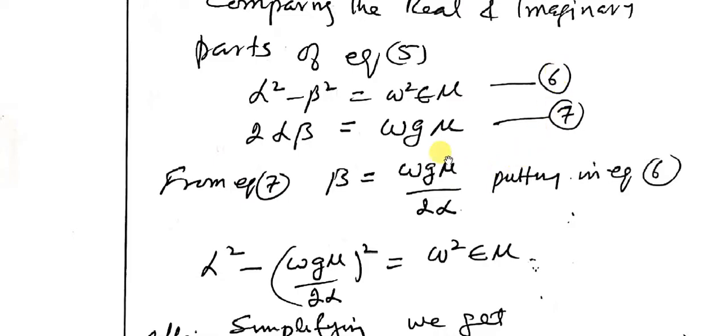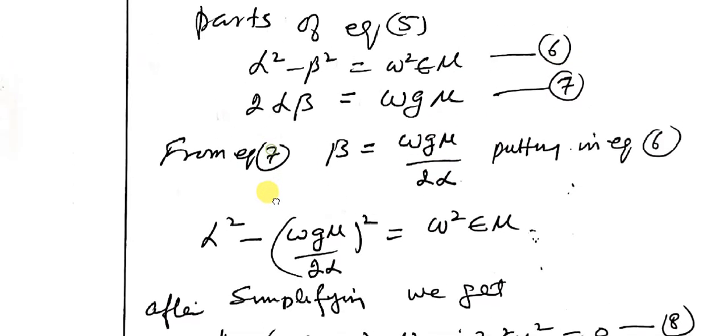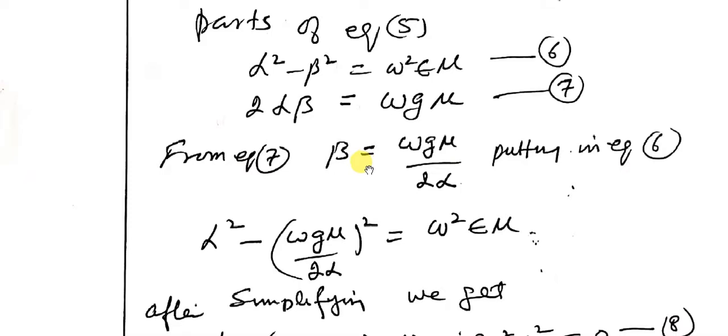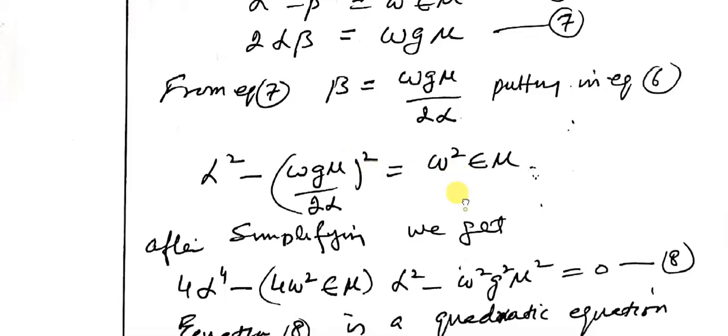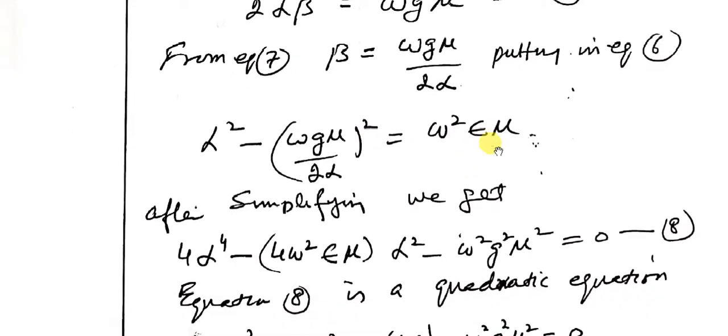Now from equation 7 we can write that beta is equal to omega sigma mu by 2 alpha. Now putting this beta term in equation number 6, we get alpha square minus omega sigma mu by 2 alpha whole square, and the right hand side is omega square epsilon mu.